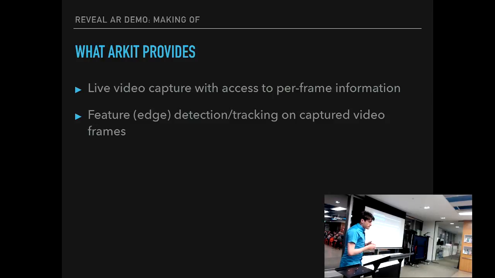We do get feature detection and tracking on the captured video frames. Features are basically edges. ARKit runs an edge detection algorithm on the frames to find out those little points of texture in the real world it can grab onto and track.